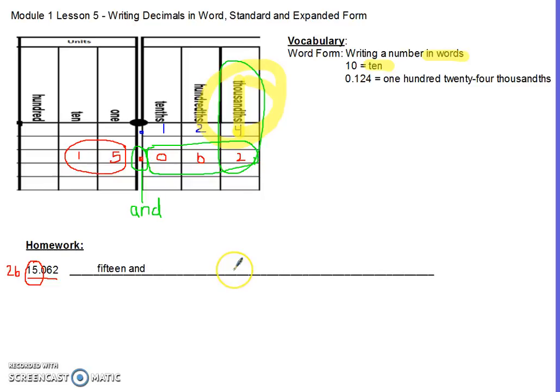So I know I'm going to classify this number as thousandths. Now I want to figure out what goes in this space, because I have 15 and something thousandths. I look at this number. I have 0, 6, 2, and I just read it normally. The 0, we wouldn't say anything, so I have 62. So the 62 would go in that spot. So my answer for 2B, how I would say that in word form, is 15 and 62 thousandths.